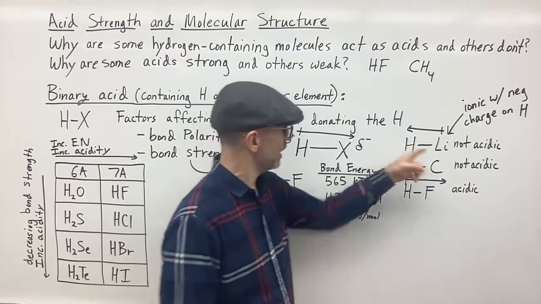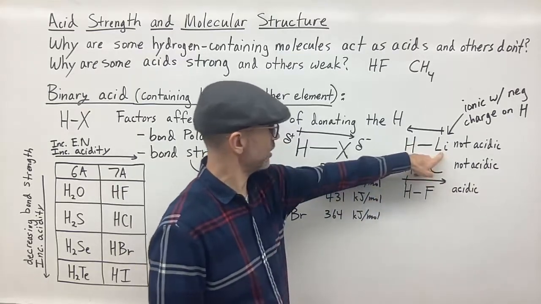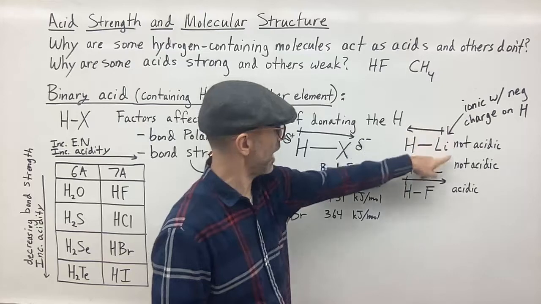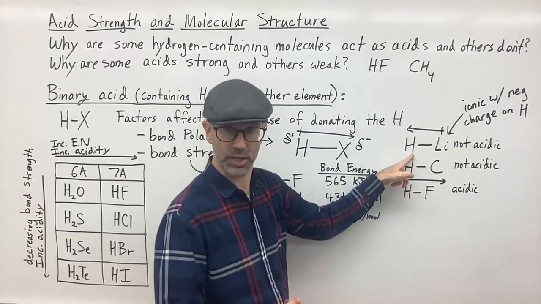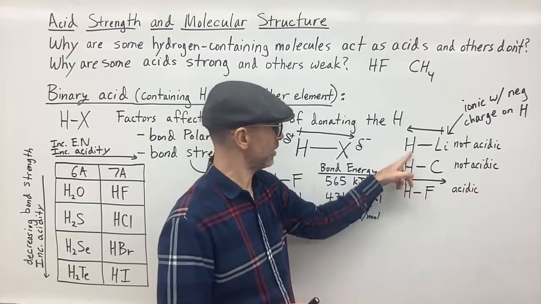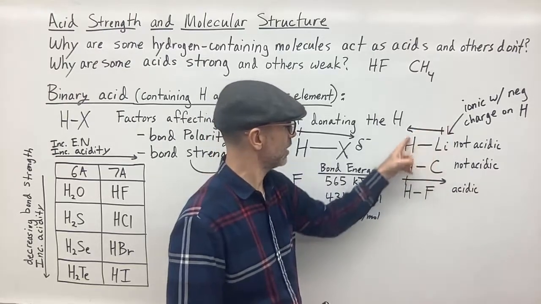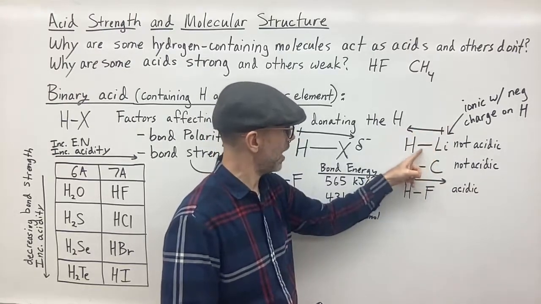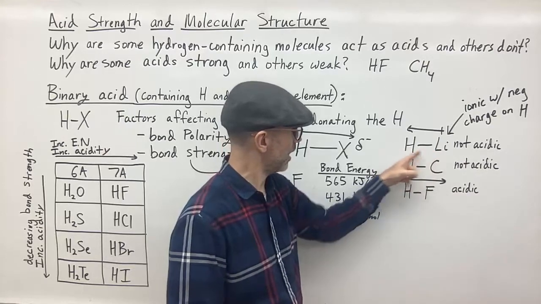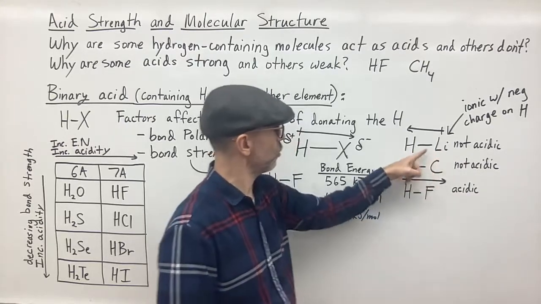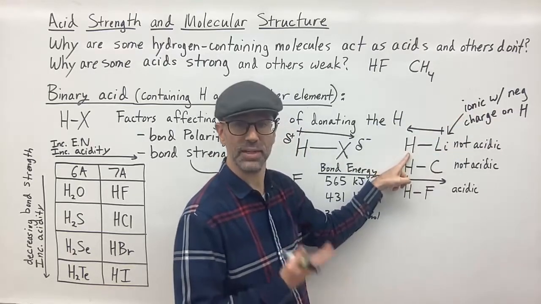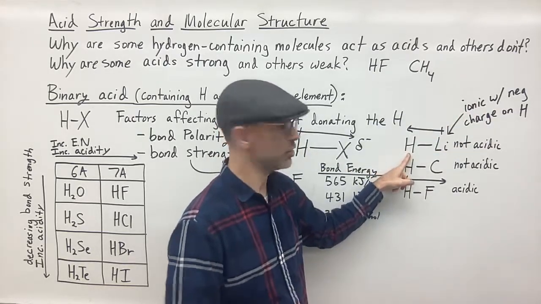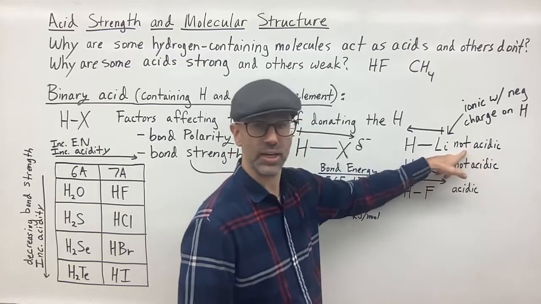Here, the lithium is not as electronegative as the hydrogen. The hydrogen is more electronegative, so much so that this ends up being an ionic substance. So HLi, the hydride of lithium, is going to be an ionic substance with the hydrogen having the negative charge. So this is not going to be acidic.